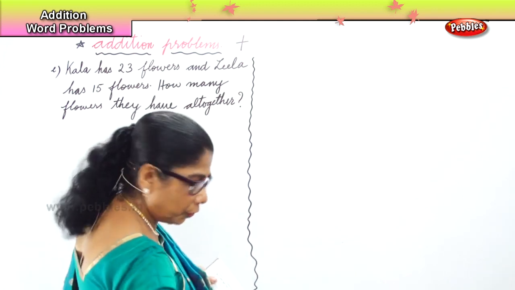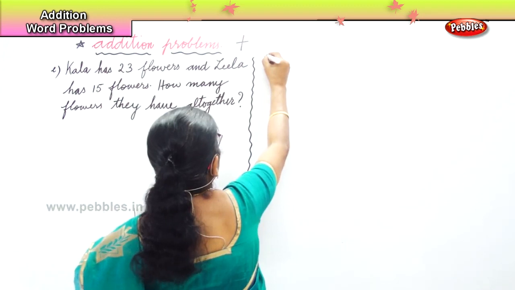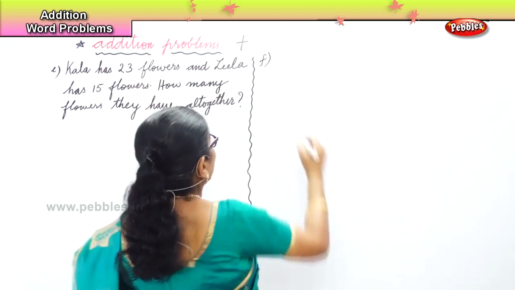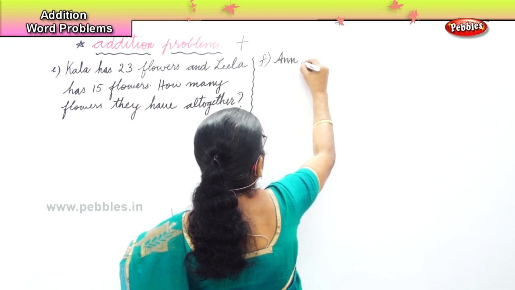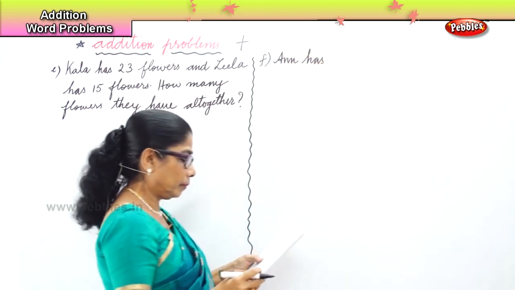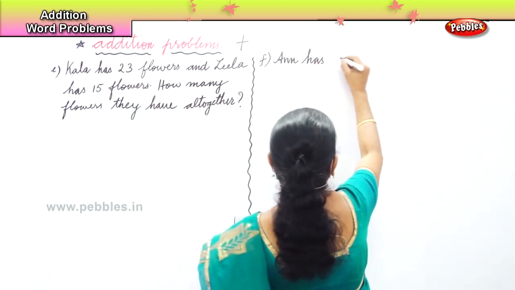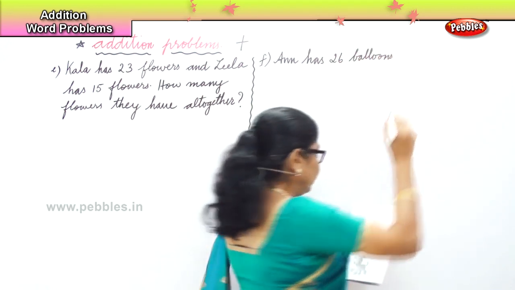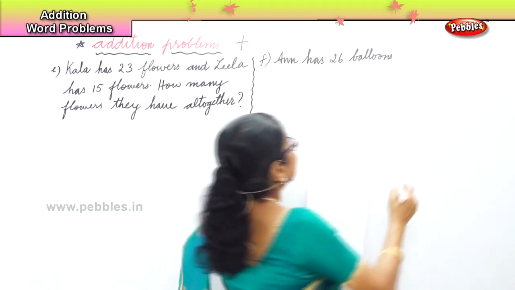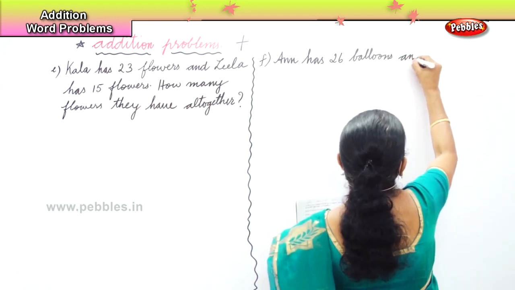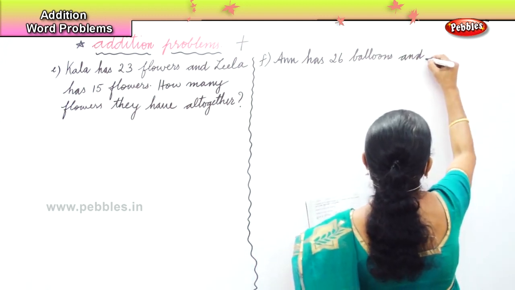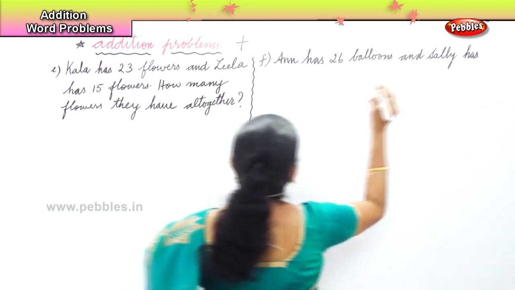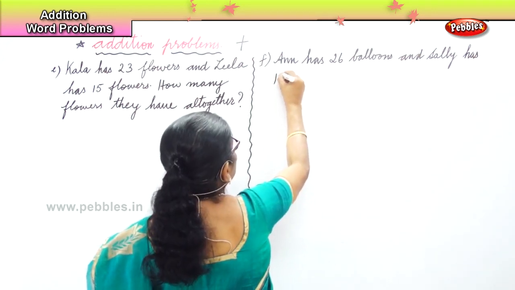Okay, here is another story. Anne has 26 balloons and Sally has 13 balloons.